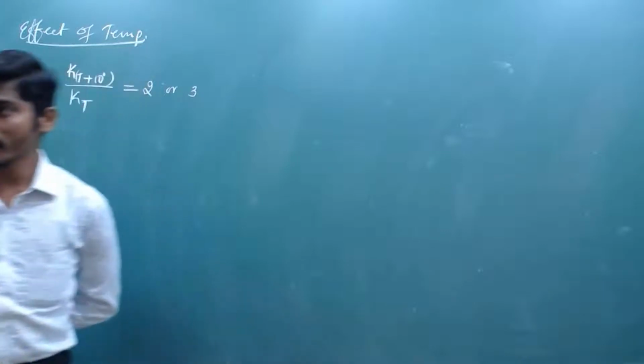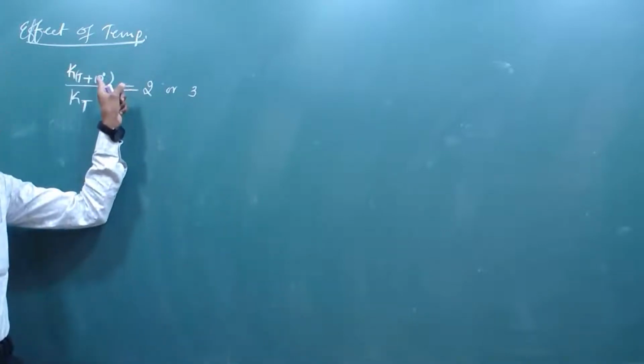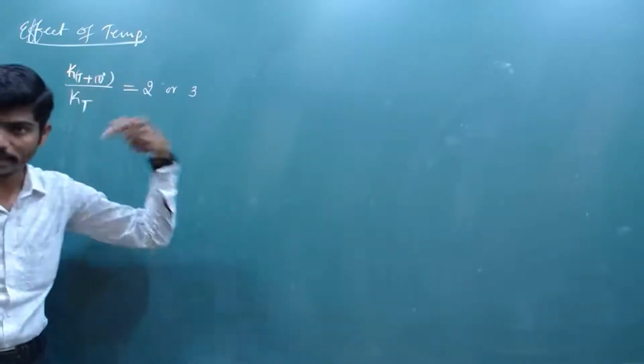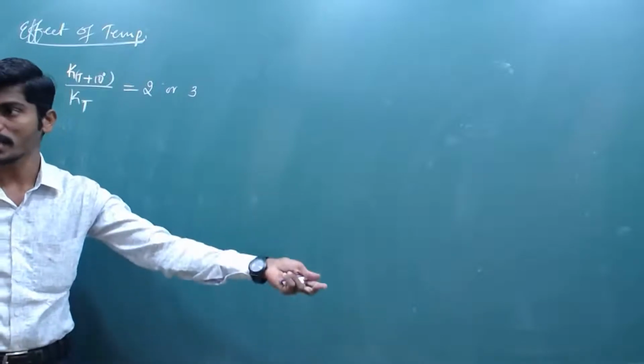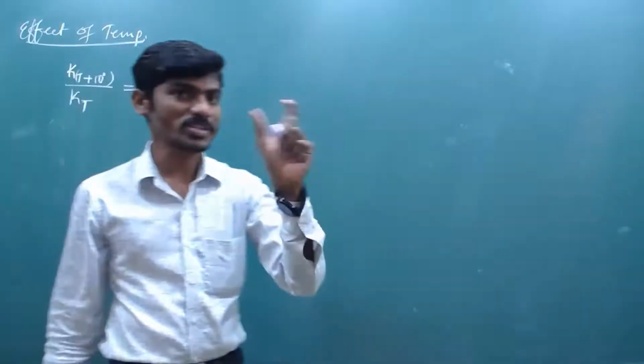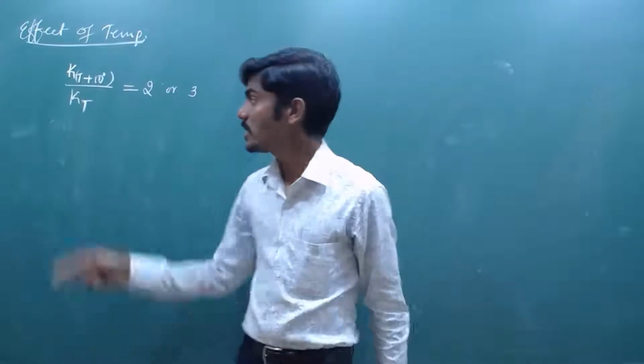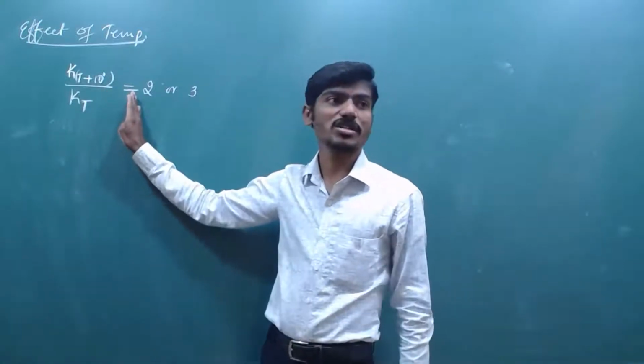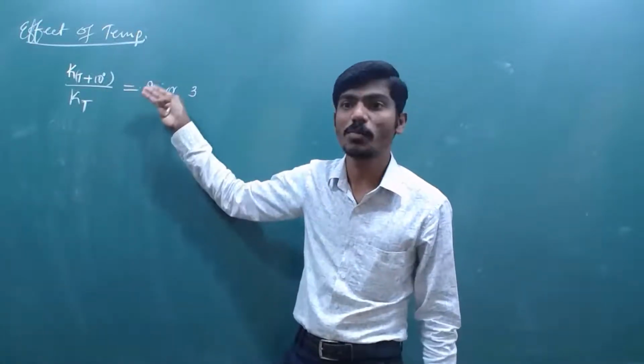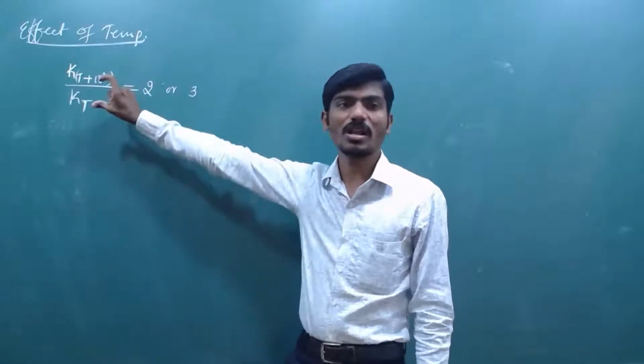When the temperature is increased by 10 degrees Celsius or 10 Kelvin, because the temperature difference is the same, the rate of a reaction nearly doubles or triples. This is a general approximation.